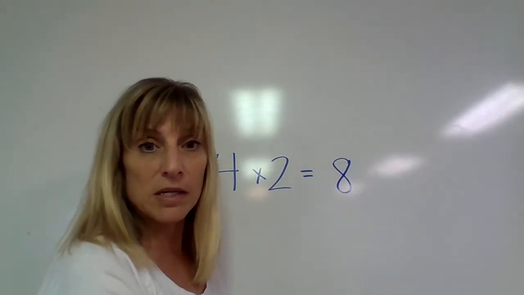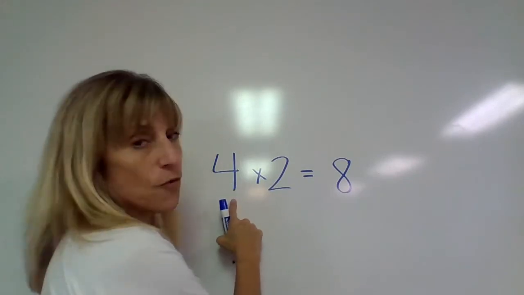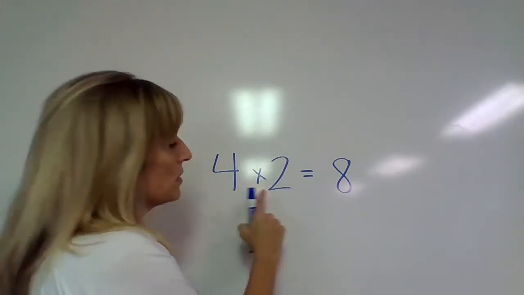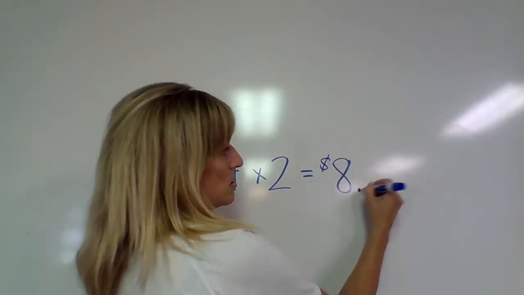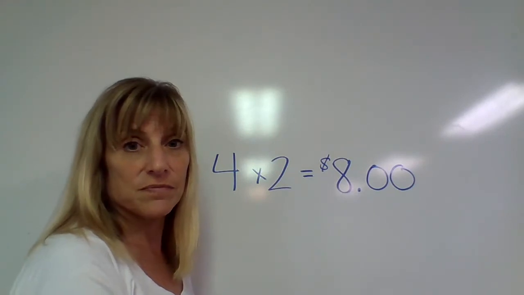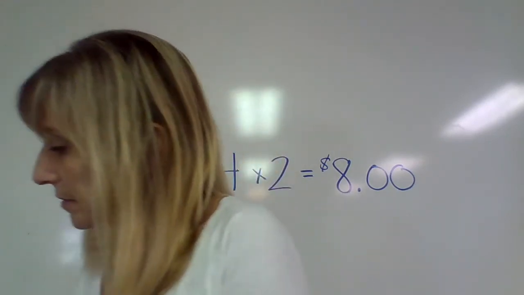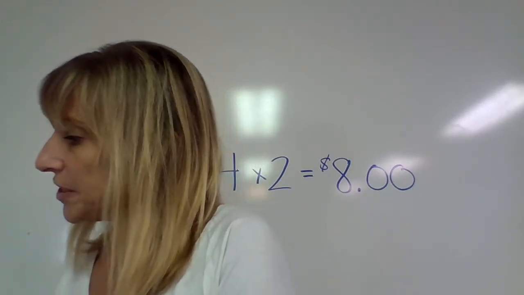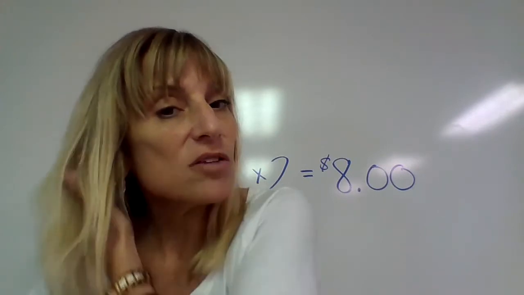But we're talking about money. We want to know how much money she needs. So 4 magnets at $2 each is $8. Okay? That one was a little different. If she gave the clerk a $10 bill, how much money would she have left?